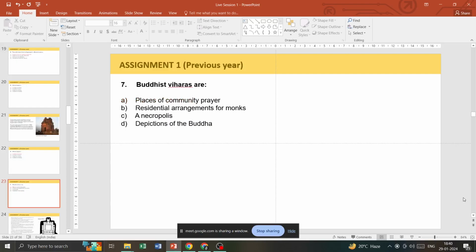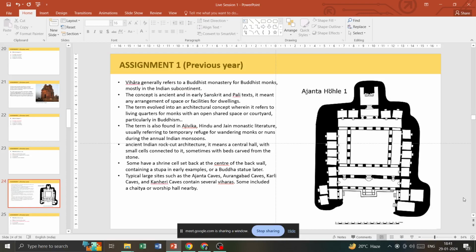Coming to question number 7. Buddhist viharas are places of community prayer, residential arrangements for monks, a necropolis, depictions of the Buddha. So vihara, this is a plan of one of the viharas at Ajanta.